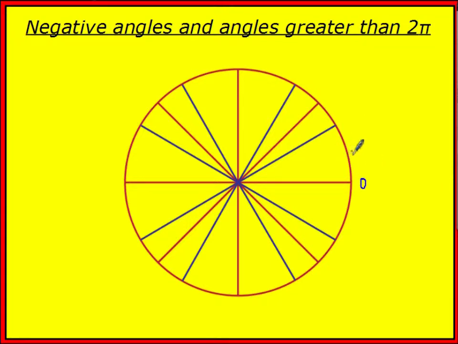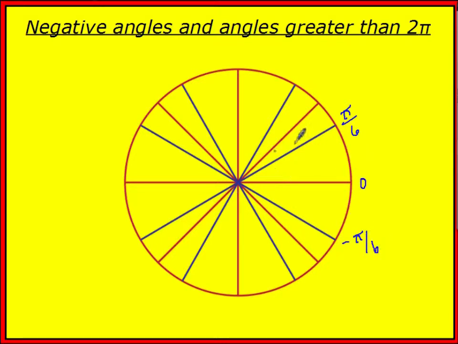So what we want to do here is talk about negative angles first. If the counterclockwise direction gives us positive angles, then the clockwise direction will give us negative angles. Whereas this is pi over 6 in the positive direction, moving in a clockwise manner from 0 would give me negative pi over 6, very similar to the number line.